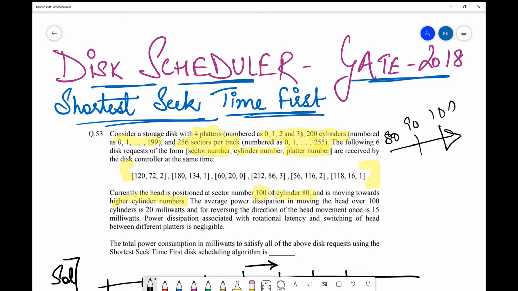The average power dissipation in moving the head over 100 cylinders is 20 milliwatts, and for reversing the direction of the head movement once is 15 milliwatts. Power dissipation associated with rotation latency and switching of head between different platters is negligible.